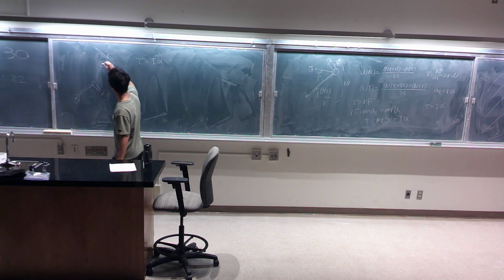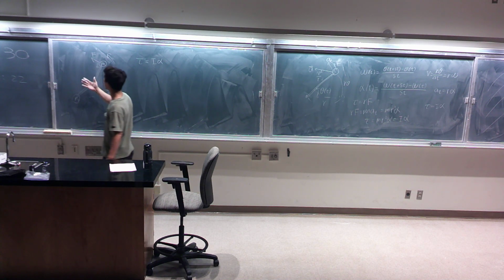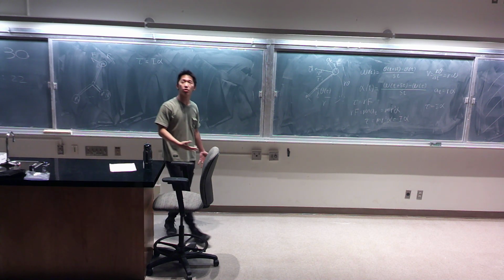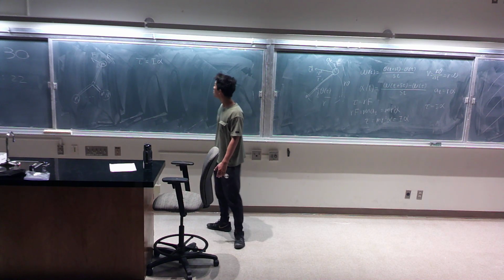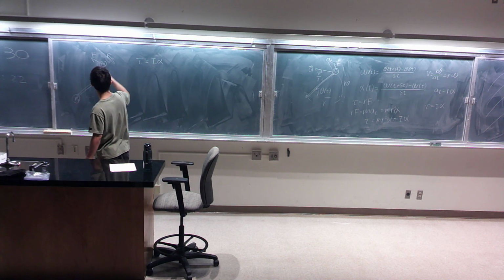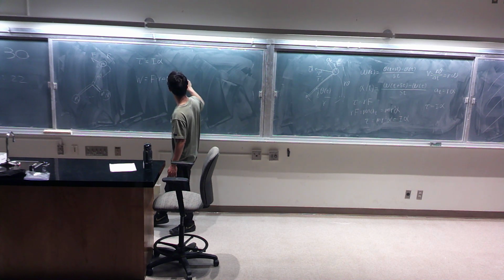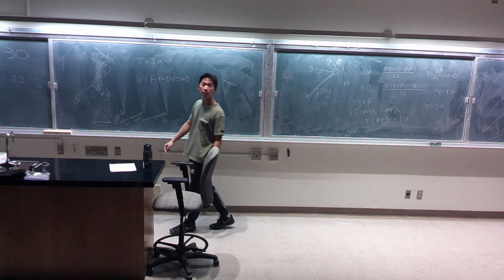So let's say you apply a force like this, so you get a constant torque and constant angular acceleration. Now, if you push with a displacement r theta, then the work you've done is F times r delta theta, which is torque times the change of angle.